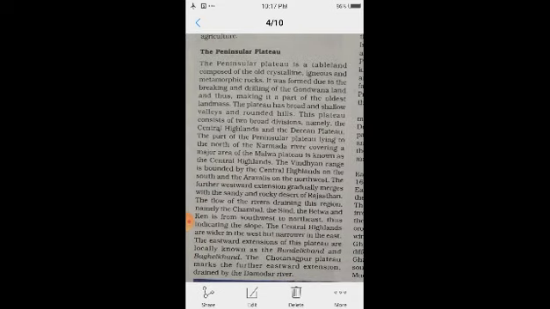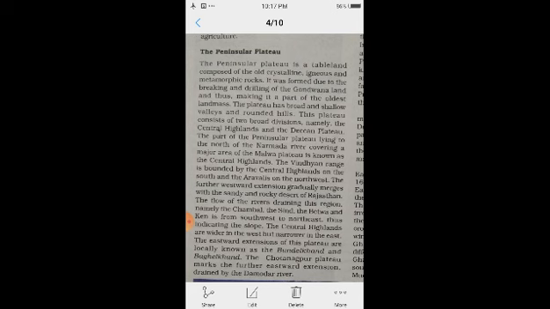It is tableland composed of the old crystalline, igneous and metamorphic rock, just as we have seen. It was formed due to the breaking or drifting of the Gondwana land, thus making it part of the oldest landmass.